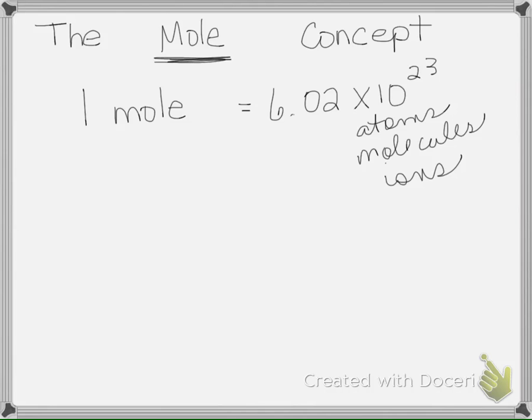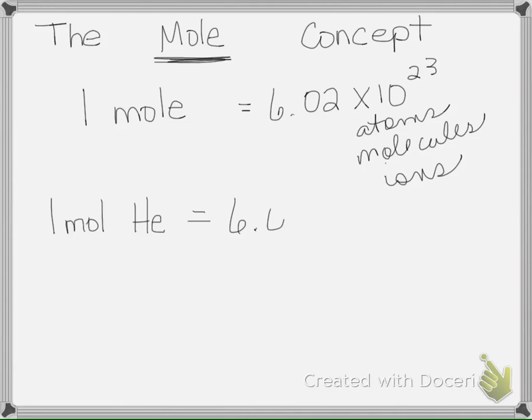Now, the abbreviation for mole, y'all, is mol, it just drops the E, okay? Let's say I had a mole of helium. Well, a mole of helium, how many helium atoms would that be?